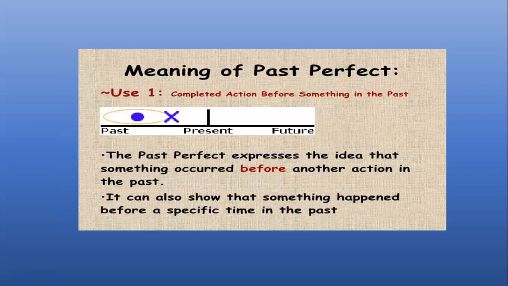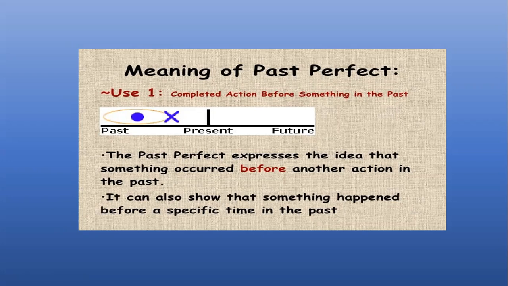Well, the first use is a completed action before something in the past. So the same thing which I just now said to you in the previous slide, that past perfect expresses the idea that something occurred before another action in the past. Okay? It can also show that something happened before a specific time in the past.